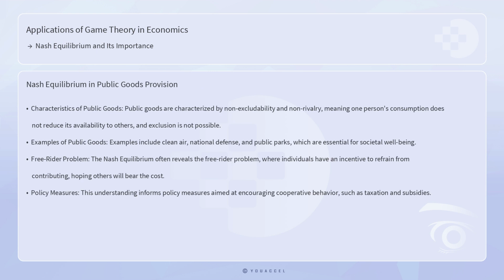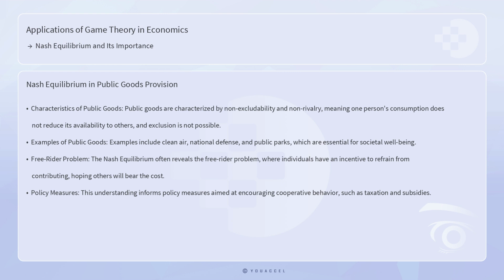Nash equilibrium also plays a crucial role in public goods provision. Public goods are characterized by non-excludability and non-rivalry, meaning that one person's consumption of the good does not reduce its availability to others, and it is not possible to exclude anyone from using it. Examples include clean air, national defense, and public parks.